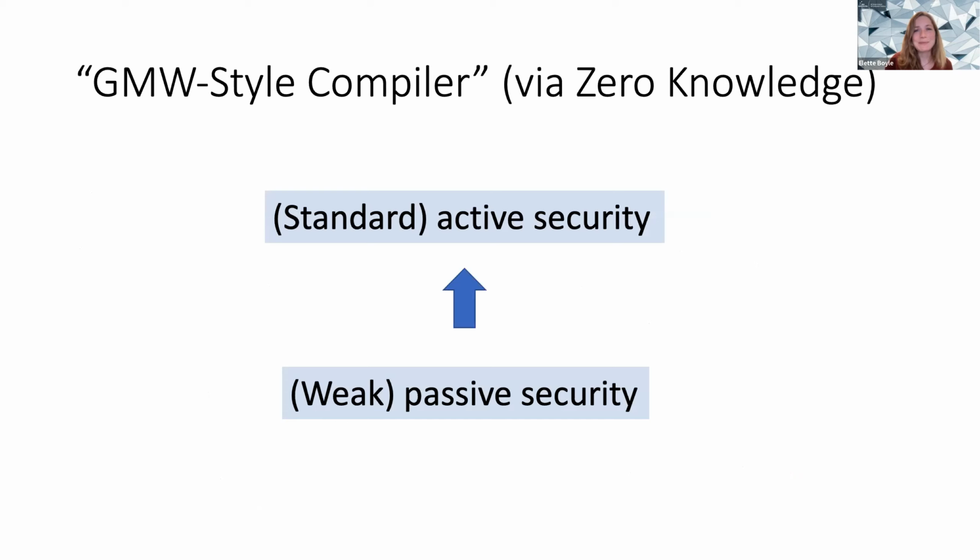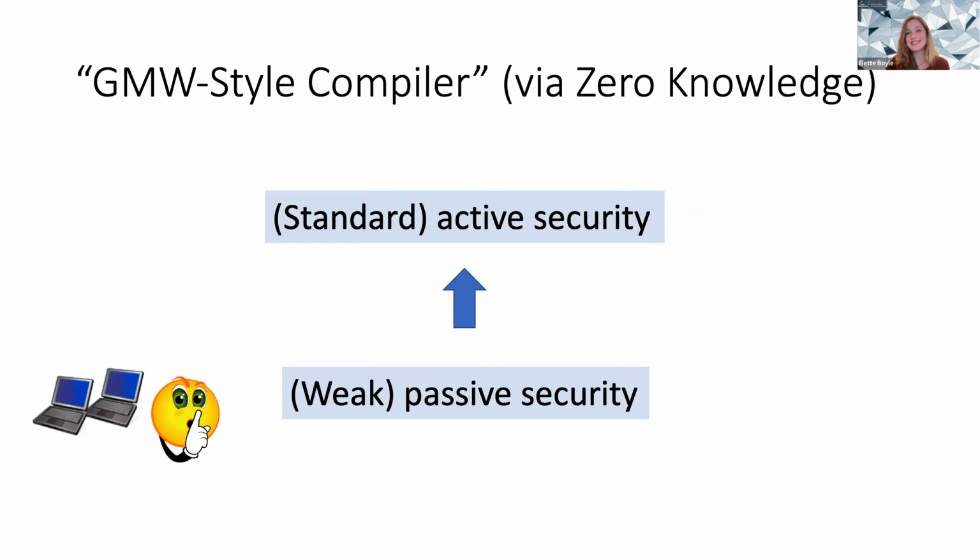Okay, so what are these GMW-style compilers? Across both of these spectrums, honest majority or dishonest majority, you can still ask, what is the action of adversarial parties? And ever since the original works back in the 1980s building MPC protocols, the standard structure of designing protocols is to first build one with a weaker form of passive security.